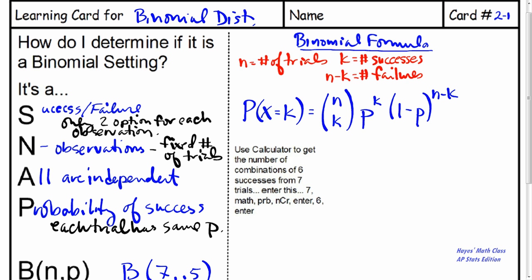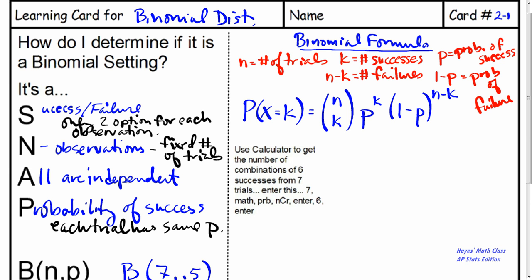And likewise, p is equal to your probability of success. Since you can only be successful or fail, if p is the probability of success, then 1 minus p is your probability of failure.